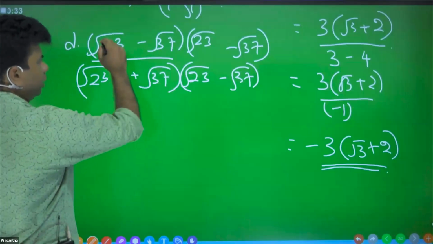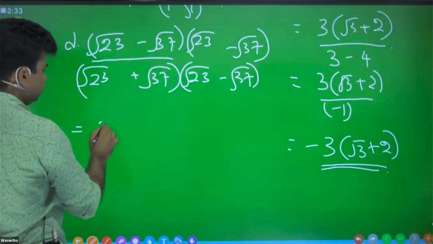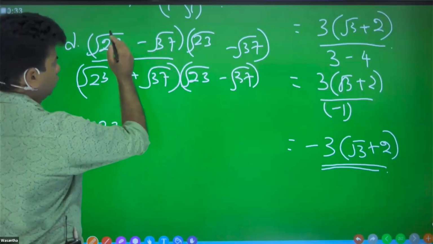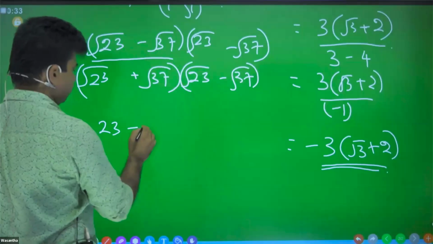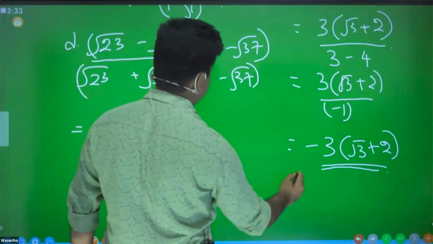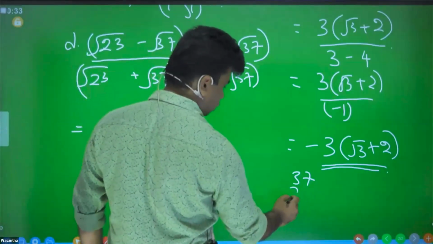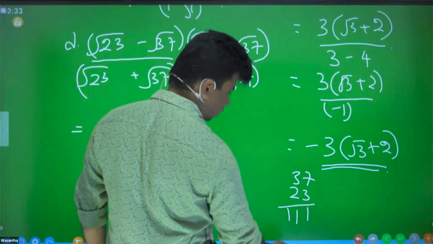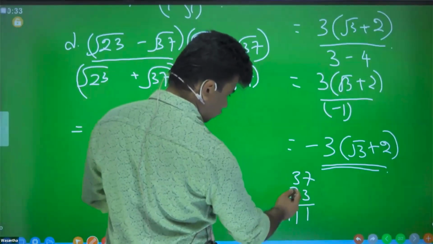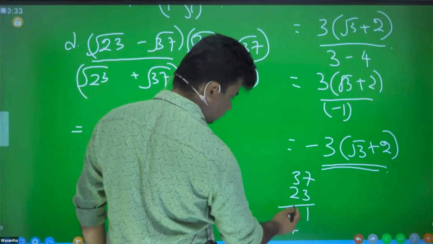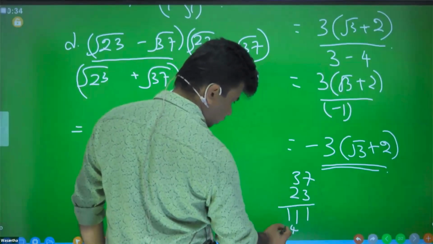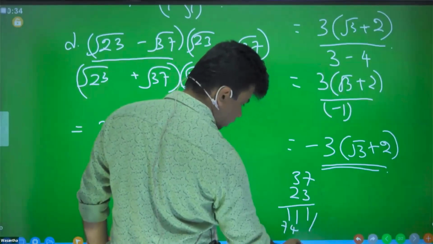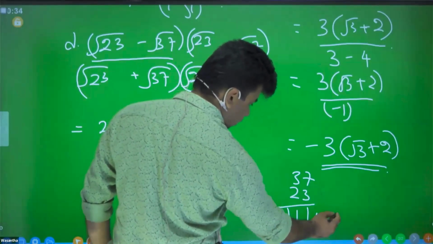That means you can see that here, in the numerator, root 23 into root 23 is just 23, and then we can write root 23 into root 37, minus 37, 23. Then 2 into 7, 14, 2 into 3, 6, and 1, 7, then you will be having 851.